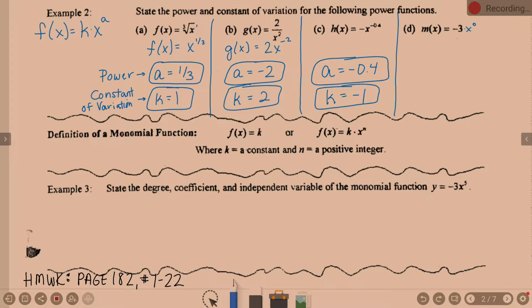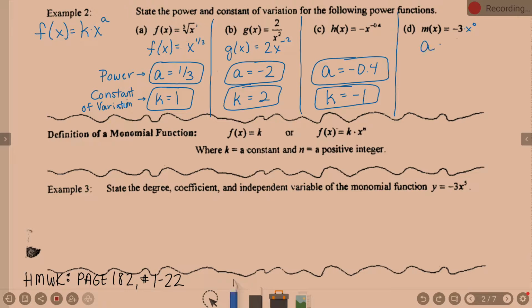A equals 0. K equals negative 3. Check out your definition up above. What was the definition of a power function? Where k and a are non-zero constants.